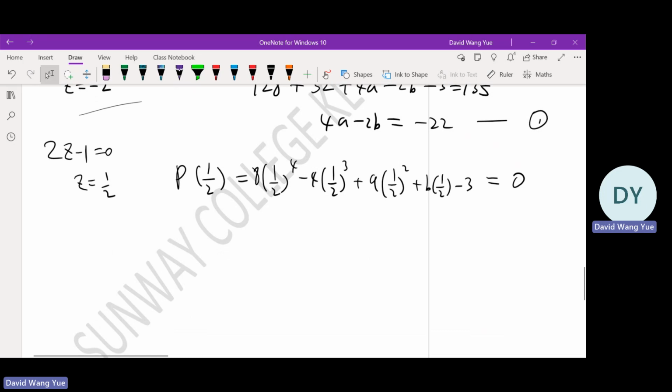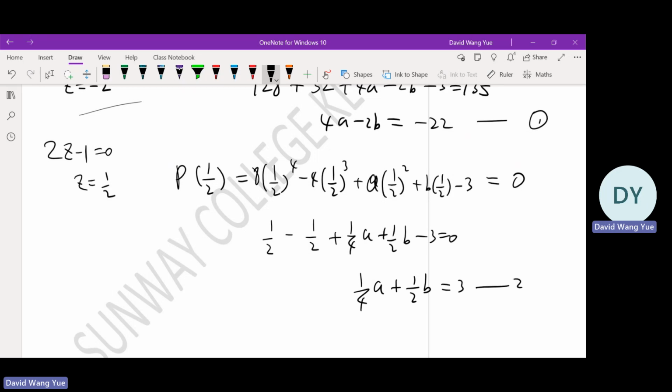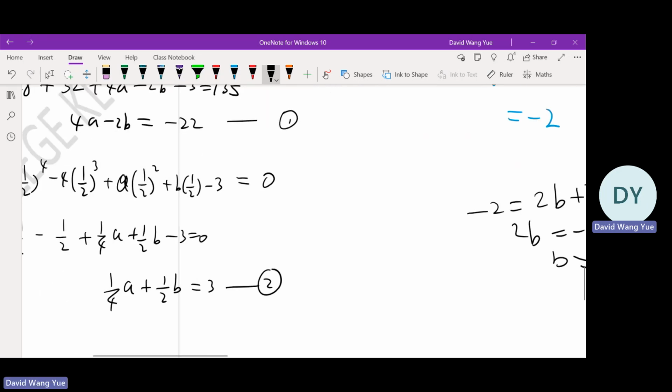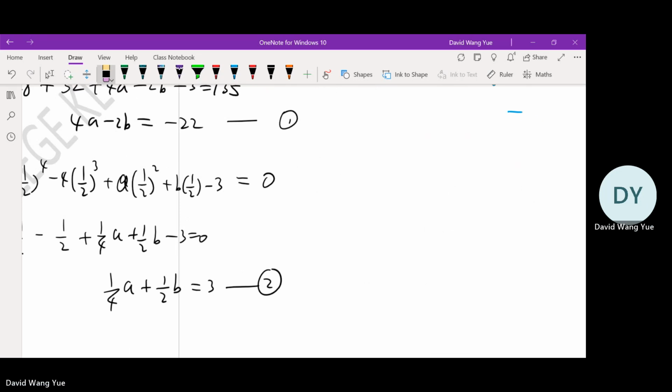So here I should get half. This is A, so 1 over 4A plus 1 over 2B equal to 3. Second equation.